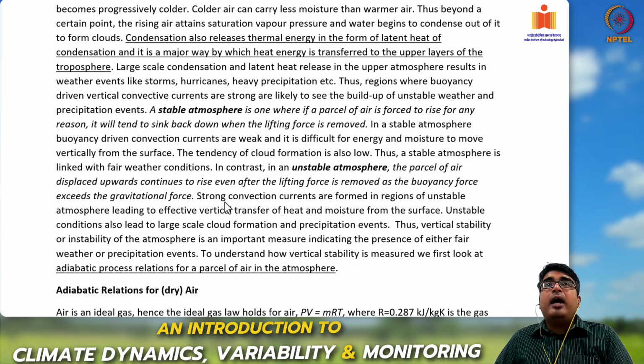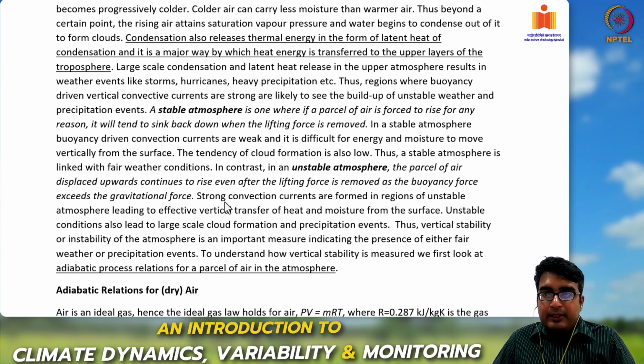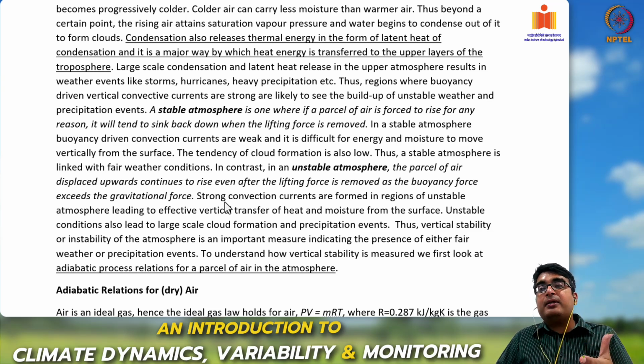Another important aspect of why precipitation events are also related to strong weather phenomena like storms and thunder showers, which have a lot of wind energy with them, is because when the air parcel is cooled and the water vapor in it condenses, the condensation releases latent heat of condensation into the air around it.